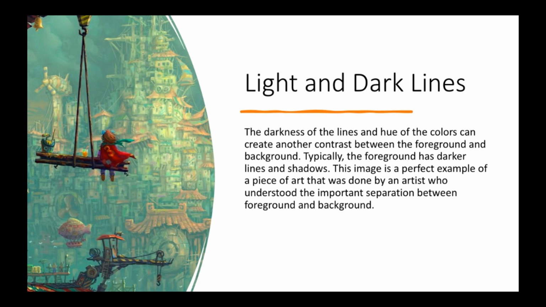This image is a perfect example of a piece of art that was done by an artist who understood the important separation between foreground and background. Now look at all this stuff in the foreground. This is the foreground, but this, what is it, a girl and just a pot of paint, it seems, and a lemonade is not so strongly emphasized, but all of these lines are very dark. There's a lot of black, and then the hue is stronger too.